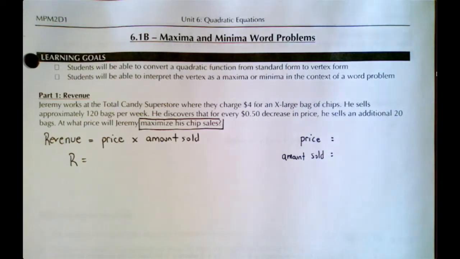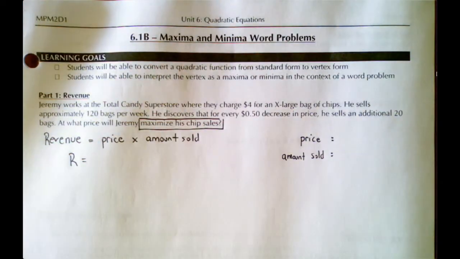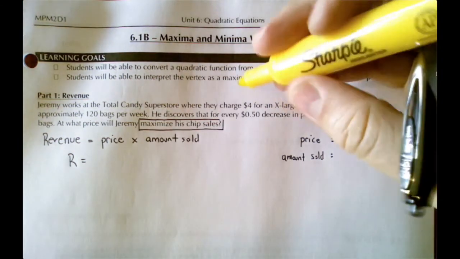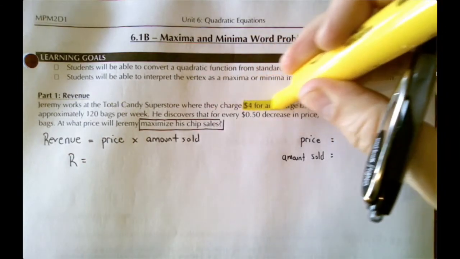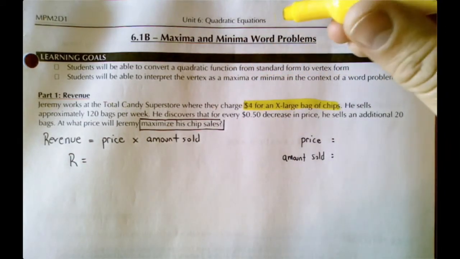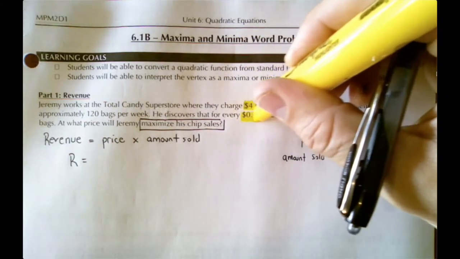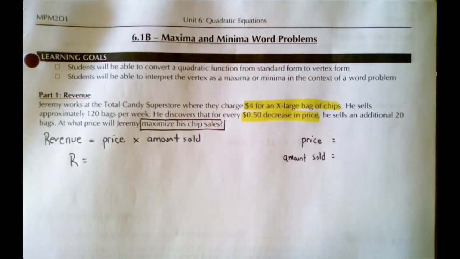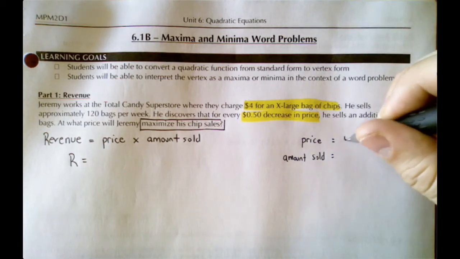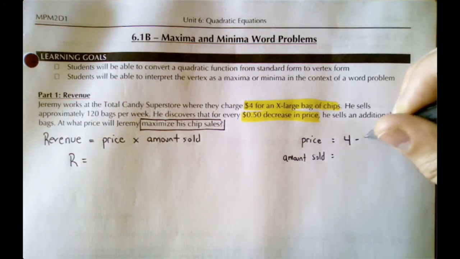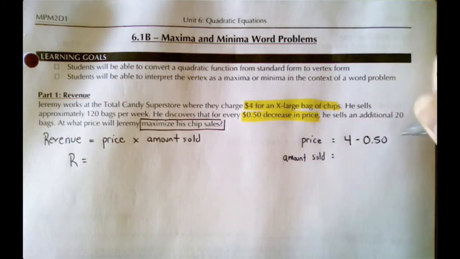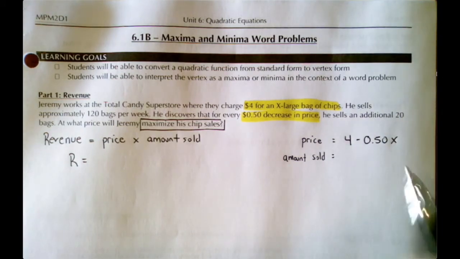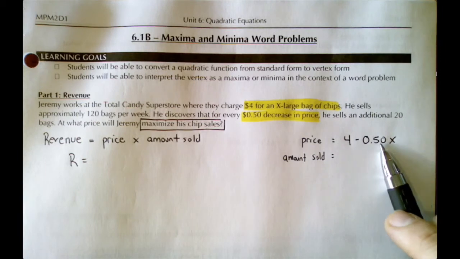So let's look for price information. It says they charge $4 for a large bag of chips, and every time they decrease the price by 50 cents, he sells more. So our price is $4 minus 50 cents every time they decrease the price. That's the variable. So if they decrease it 1 time, it's 1 50-cent decrease.